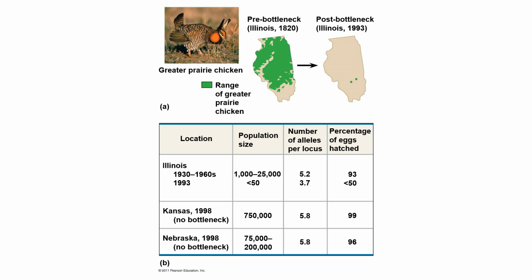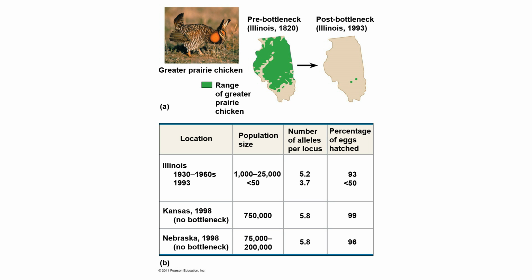You can see that the range of the prairie chicken is significantly reduced from 1820 to 1993. And here you can see the population structure. Initially, pre-bottleneck, you had between 1,000 to 25,000 prairie chickens.